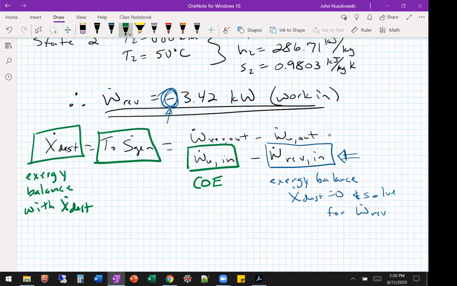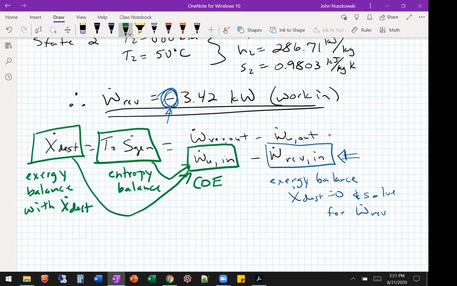We would leave that quantity in, and we would put the actual work in for the work. And then this T naught S gen is our entropy balance. We could put this and this together, or this one and this one together, to get our work reversible, or solve for work reversible directly. And that's the quickest method.